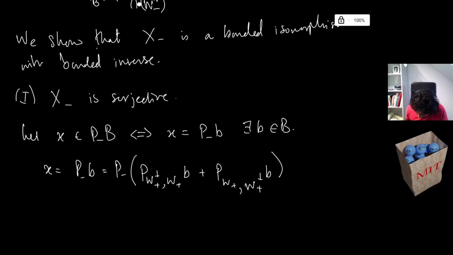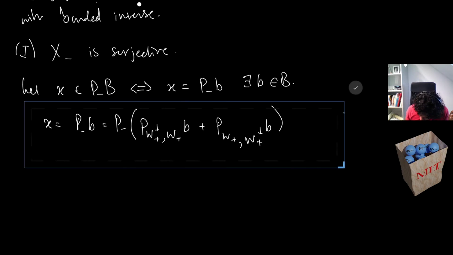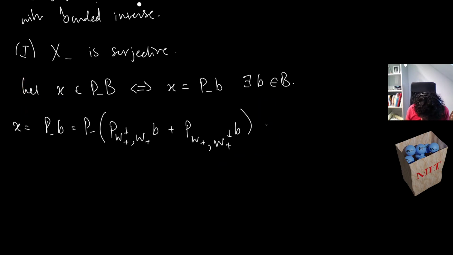However, this second projector lands us in the complementary subspace to the P minus, right? Because W plus by construction is a subspace of P plus of L2. So this projector kills this space. So in the end, we end up with X being equal to P minus of PW plus W plus perp W plus of B.